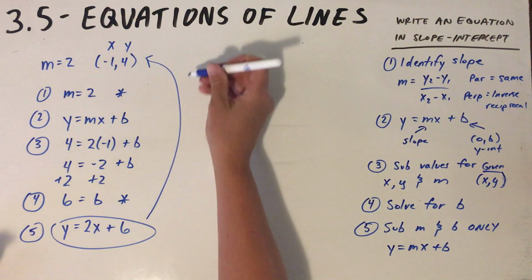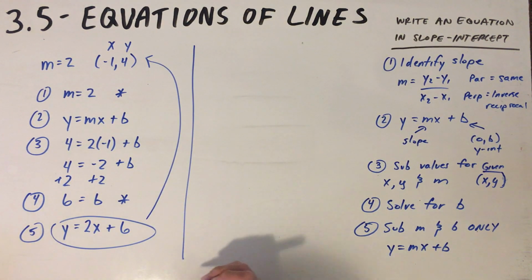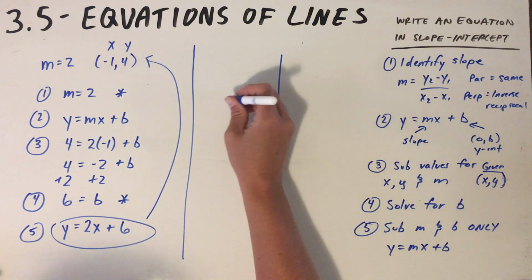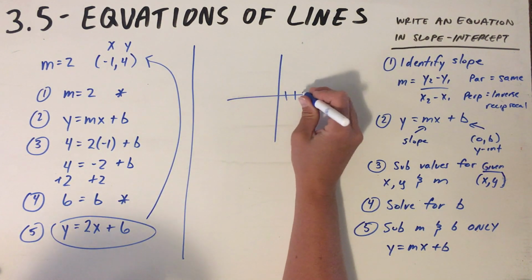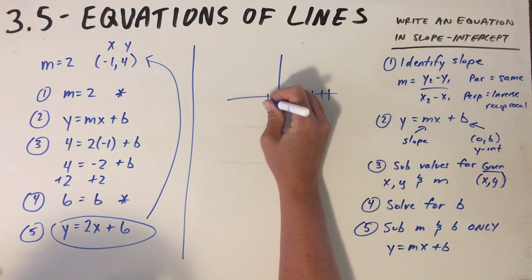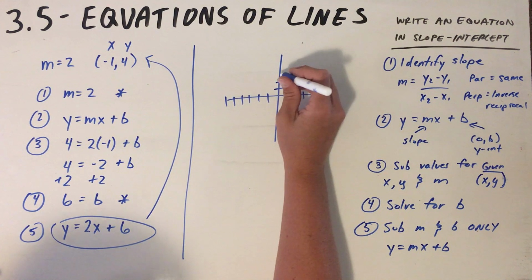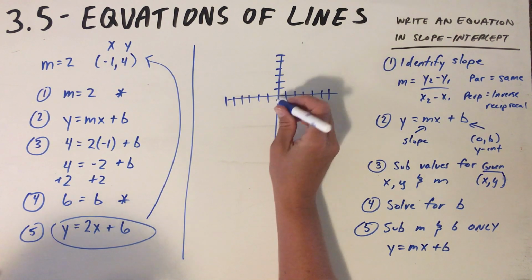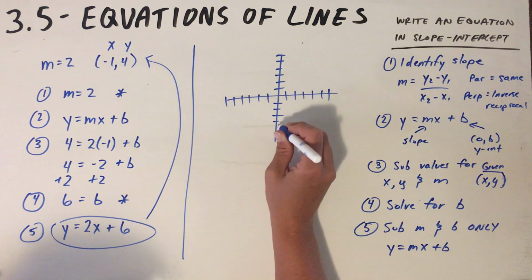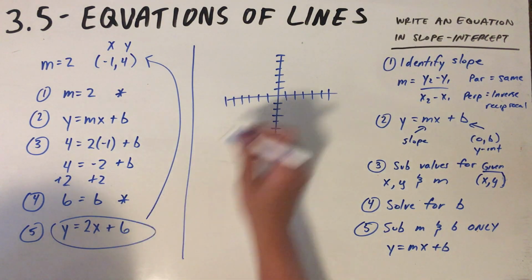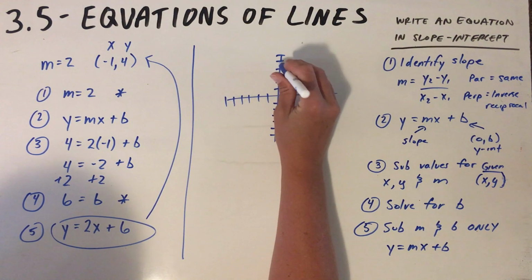So again, this is not what this question is asking, but let's look at this. If I were to graph the equation y equals 2x plus 6, I'm going to be at 6: 1, 2, 3, 4, 5, 6.